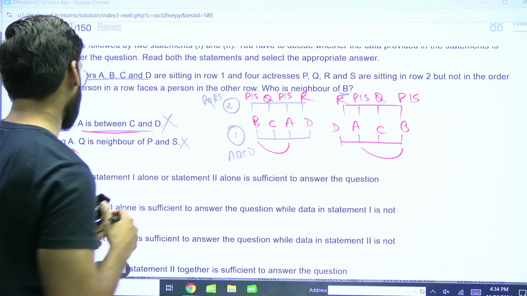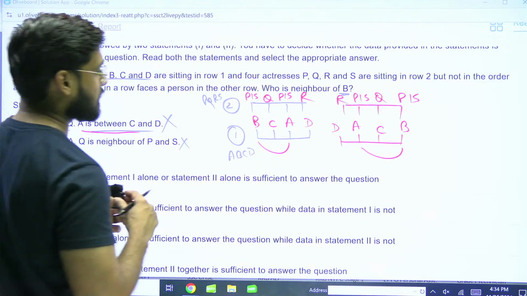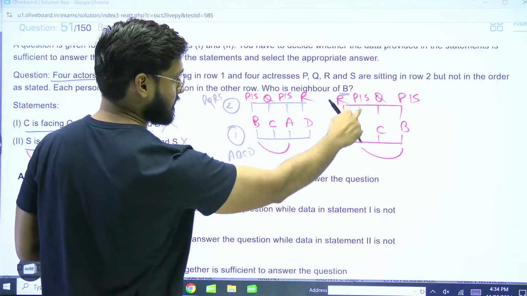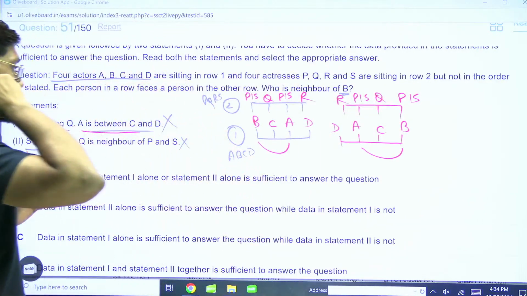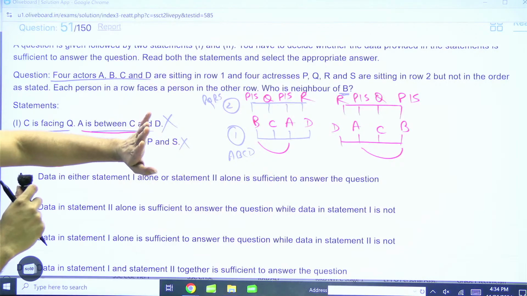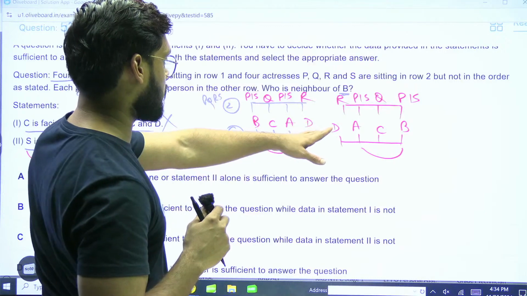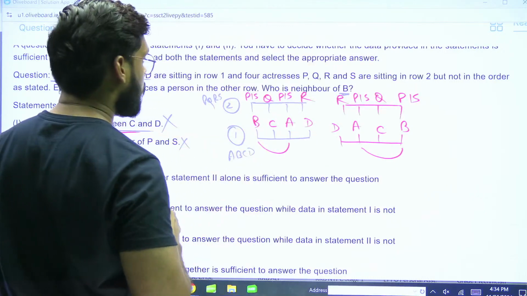Now, which is the right one? We have to check. S is facing A, okay. C is facing Q. A is between C and D in both the cases. Q is a neighbor of P and S in both. Who is the neighbor of B?